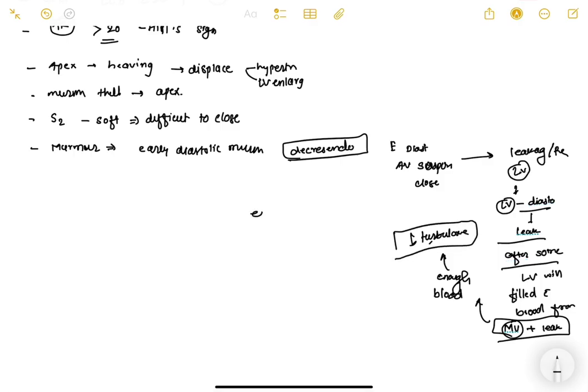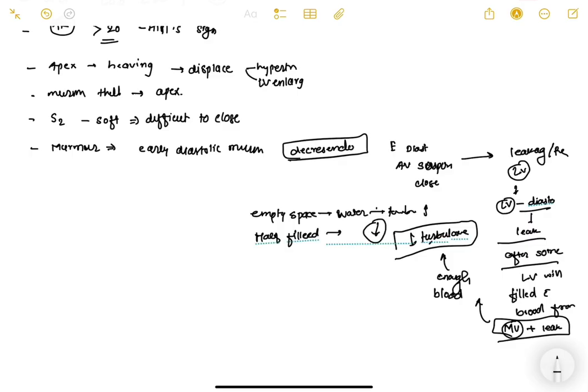In an empty space, if you put blood or water, turbulence is higher. But if the space is half filled, the turbulence will decrease.